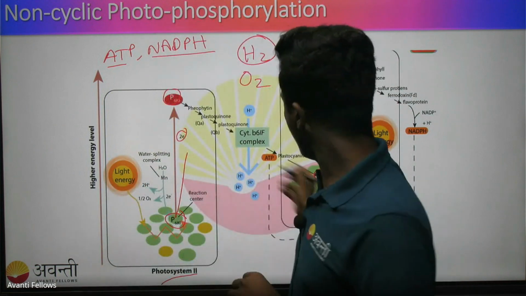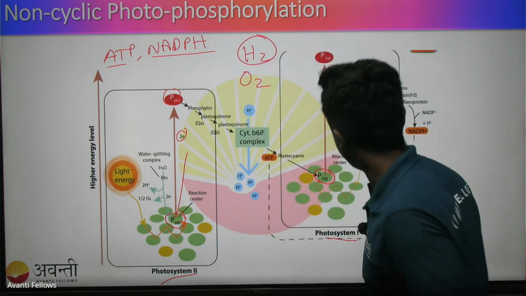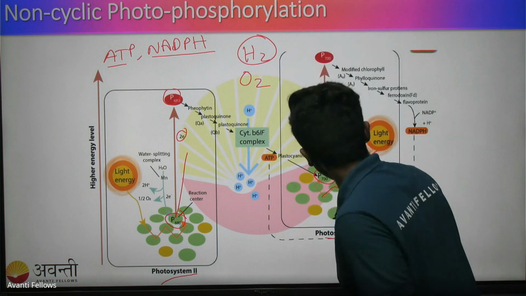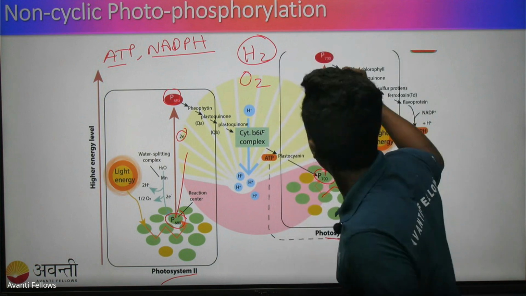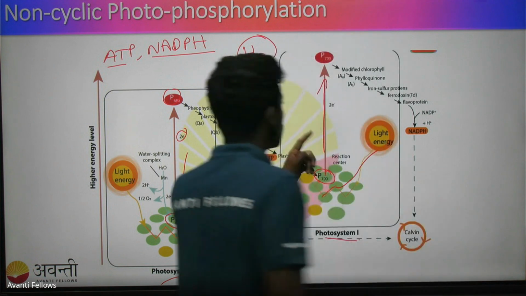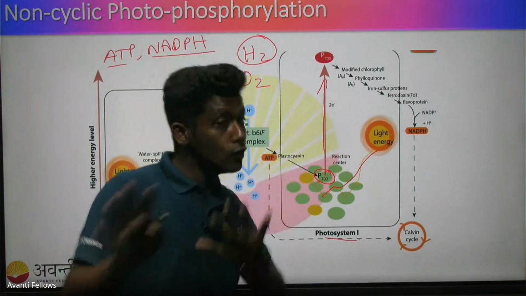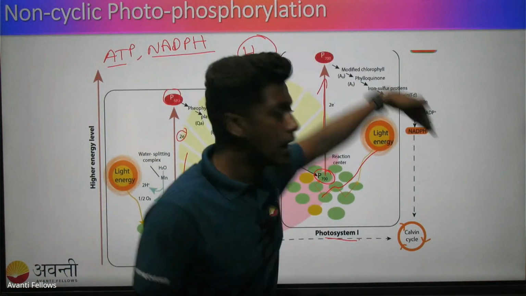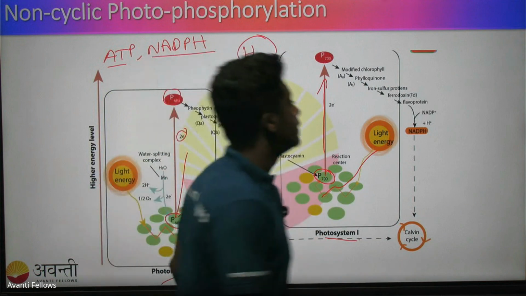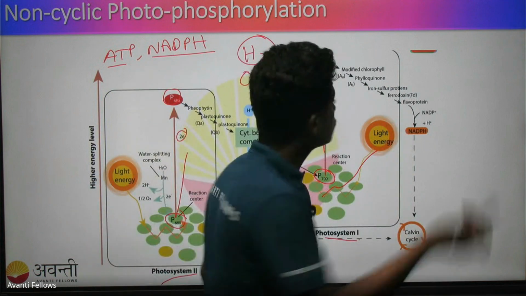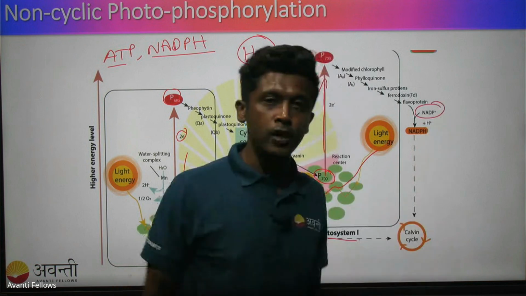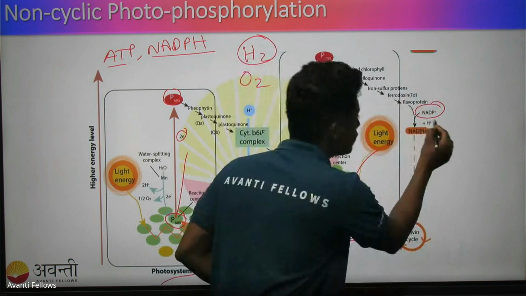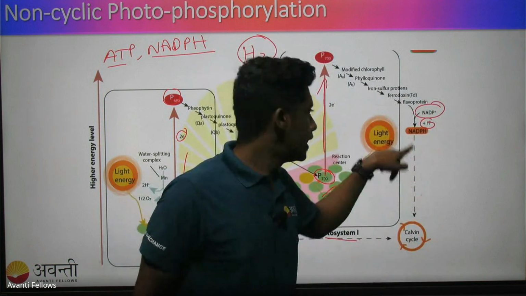Now we go to photosystem 1. Again light is incident on photosystem 1 and the electrons get excited. They jump out of their atomic orbitals. Again, these electrons are not used, but are transported downhill the redox potential. Ultimately they are used for the reduction of NADP plus. How is NADP plus reduced? NADP plus is added one hydrogen atom to convert into NADPH.